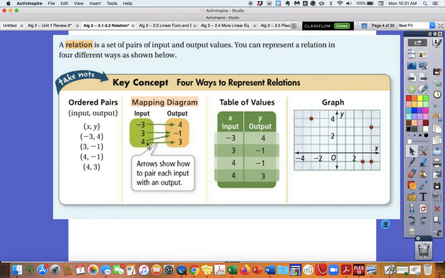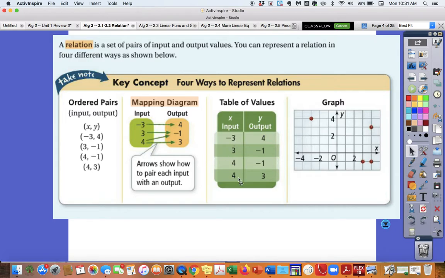It's very important that the arrows only go from left to right; they initiate on the left and end on the right. So that shows you that 4 is matched with -1, 3 results in a -1, and -3 results in a 4. We could write that as ordered pairs, just as they have right there.